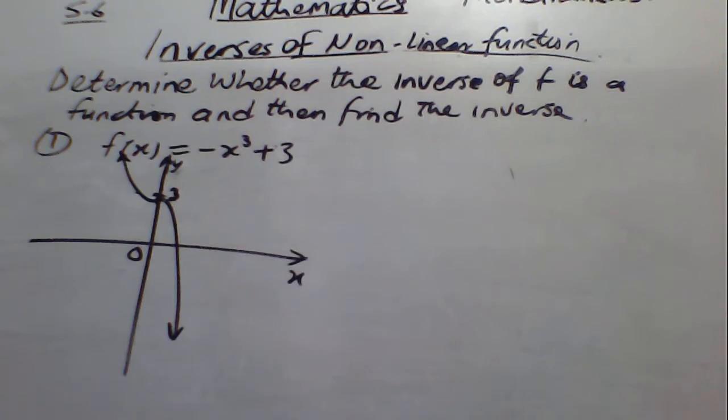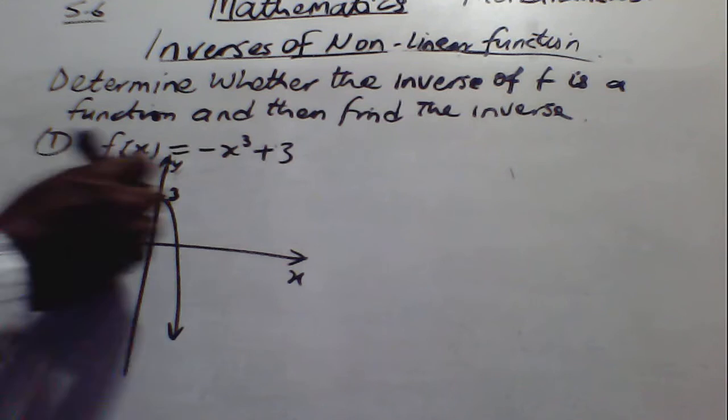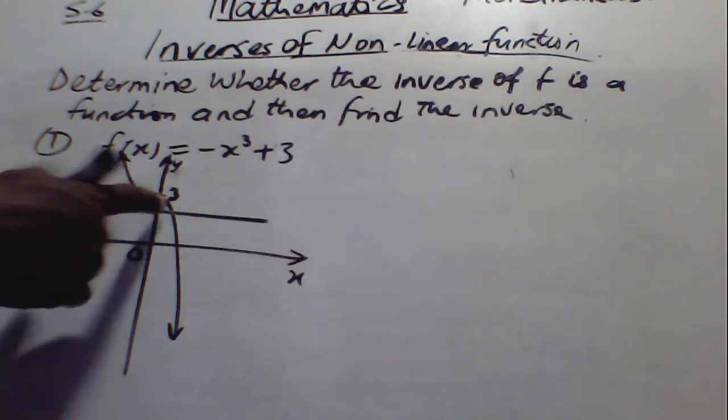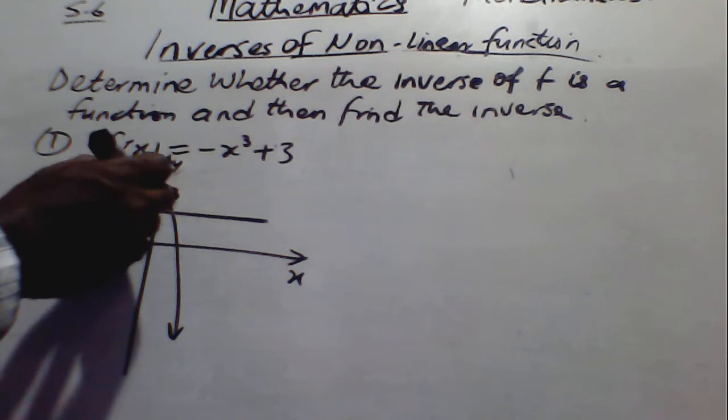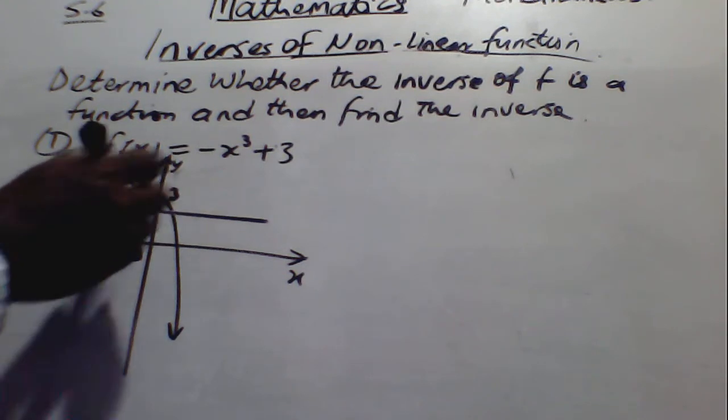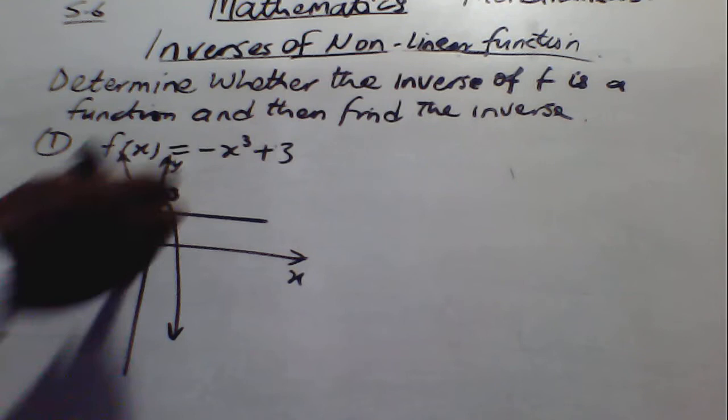Once you have gotten the graph, draw a horizontal line, because that will enable us to know if it is intersected more than once. Anywhere you want, if you do it like this, you see, here is a clear curve. So you can't think that once it cuts it here, it cuts another place. This is just a sketch.